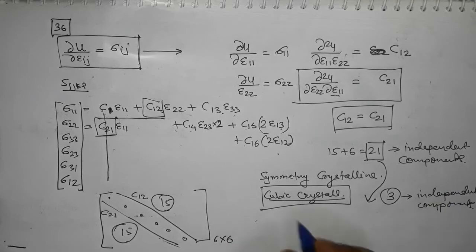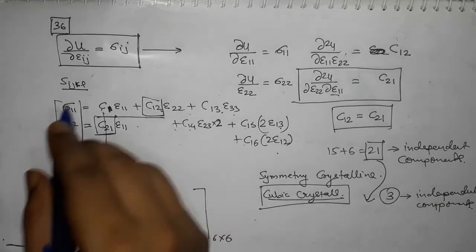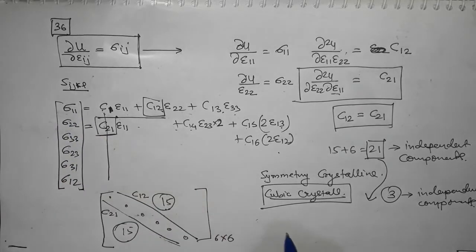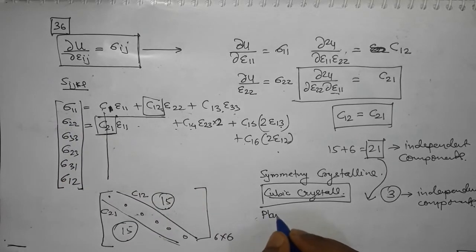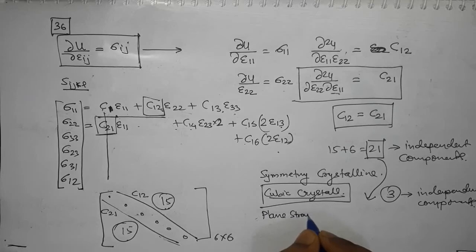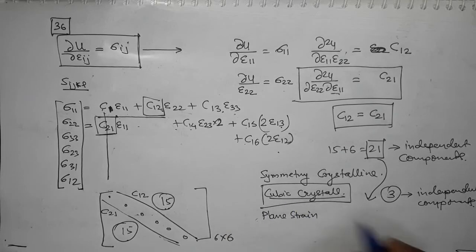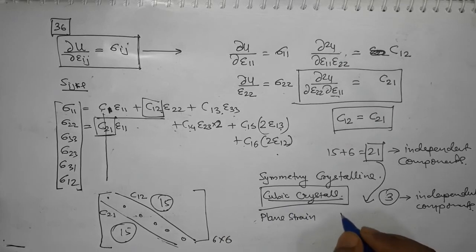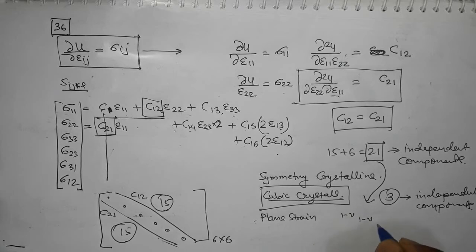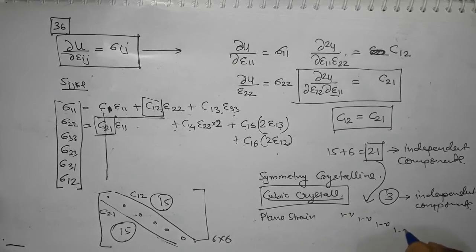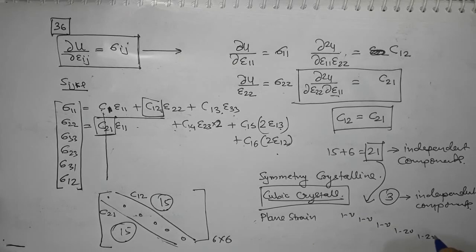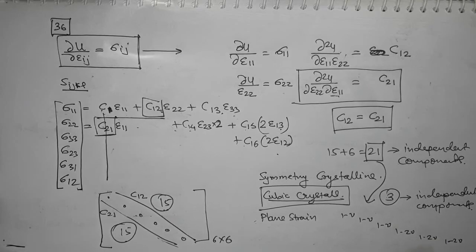And you have seen this because when we wrote that relationship for plane strain condition, you saw that all the components there were actually 1 minus mu, 1 minus mu, 1 minus mu, 1 minus 2 mu, 1 minus 2 mu, 1 minus 2 mu. Then we had mu, mu, mu.